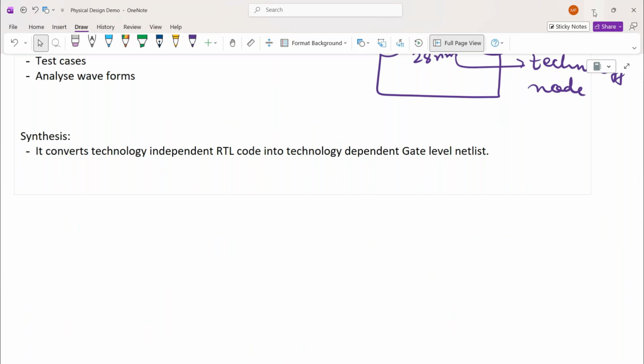In a gate level netlist, there will be no if statement, no else statement. There will be nothing like that. You will just see this.